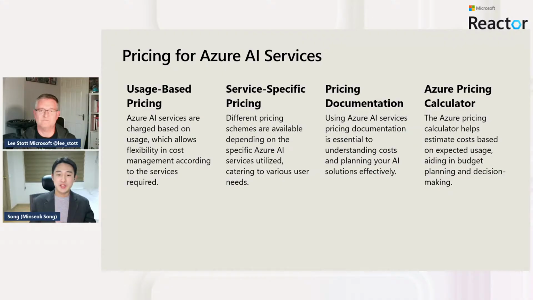To help with planning, Azure offers clear pricing documentation for each service so you can make informed decisions early on. And of course, there's the Azure pricing calculator. It's an essential tool for estimating costs before you deploy, and it's super helpful for budgeting.